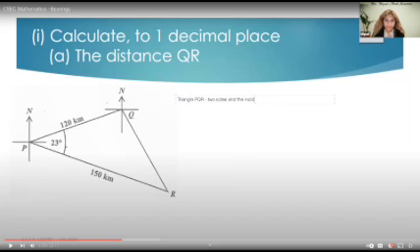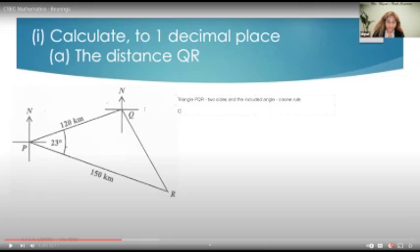Do you all see that? Yes. So this tells us that we have to use the cosine rule. For two sides and the included angle, we use the cosine rule.